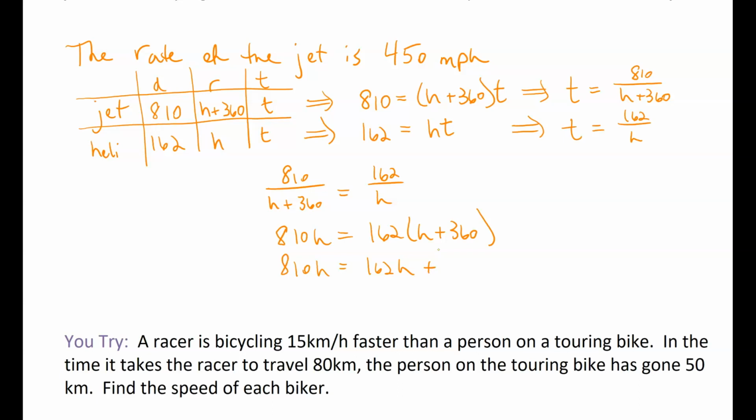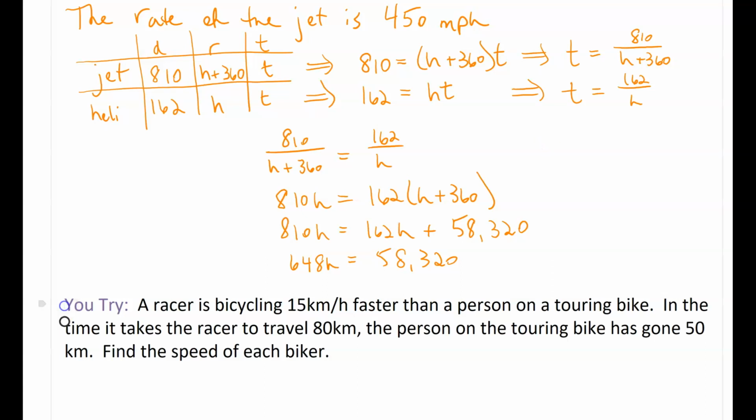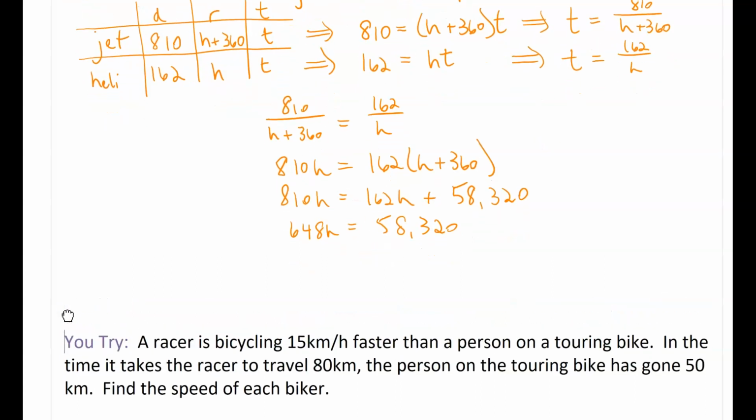Is it 58,320? Subtract the 162h from both sides. We get 648h equals 58,320. And that means h is equal to 90.